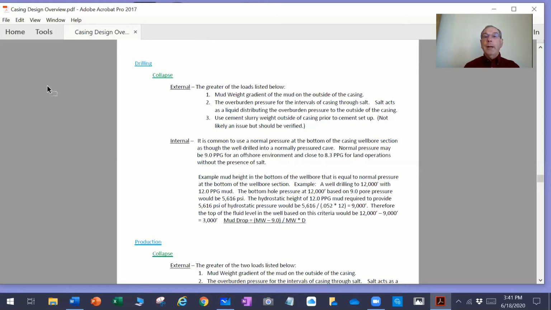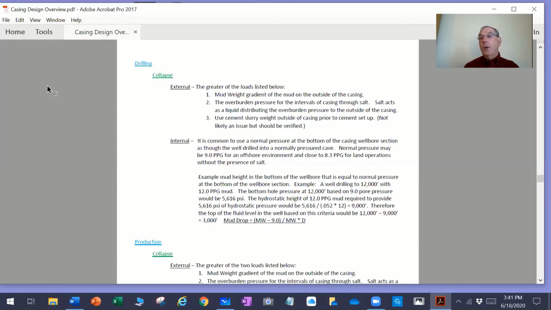And then number 3, it's hardly ever, I call it a design issue, but it's something you need to check. It could be extreme conditions in the way you do a cement job, and at least something you would check. Use a cement slurry weight outside of your casing before it's set up with whatever fluid you have on the inside.